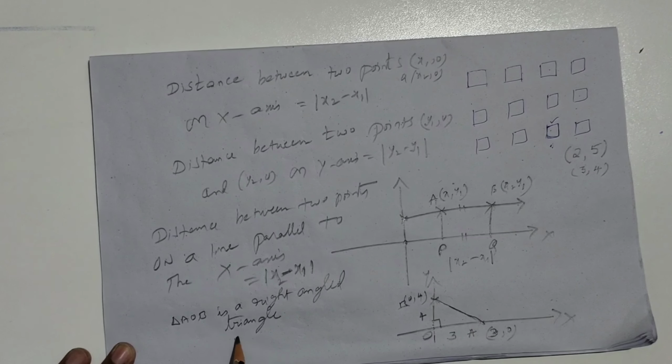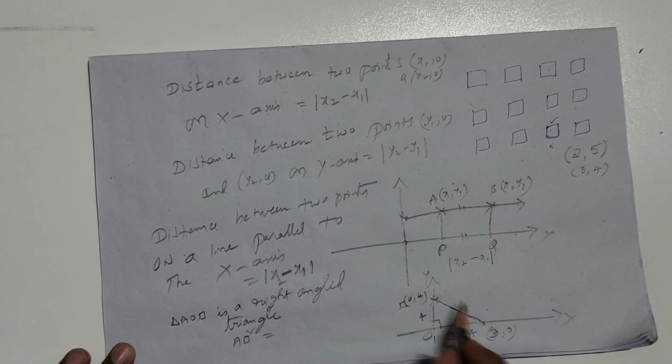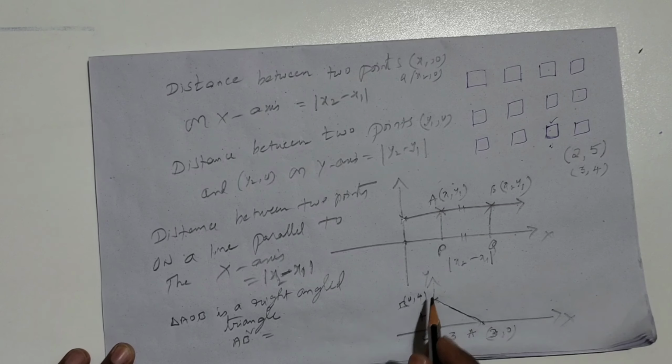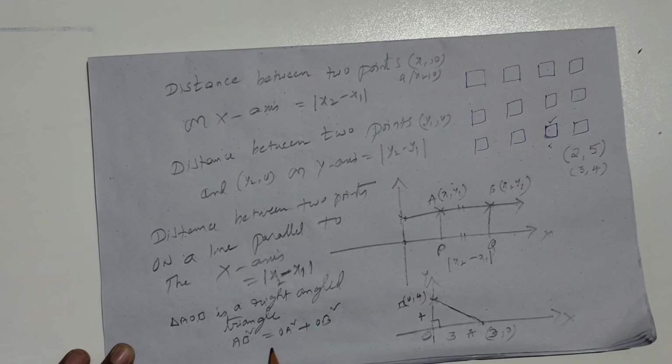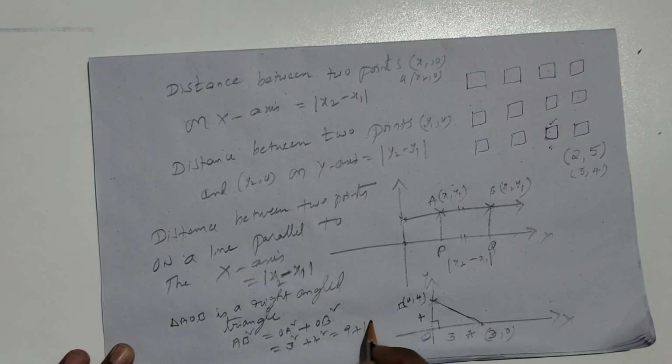That is, we can write AB square is equal to OA square plus OB square. So simply we can write it as 3 square plus 4 square, 9 plus 16, 25.